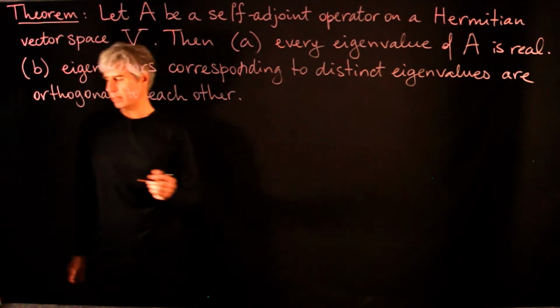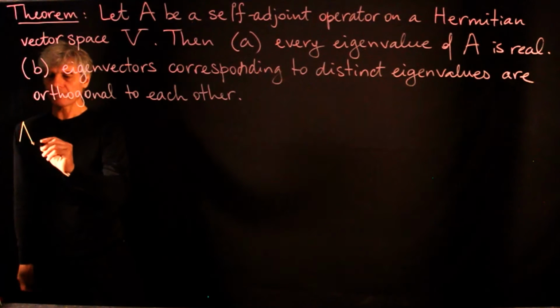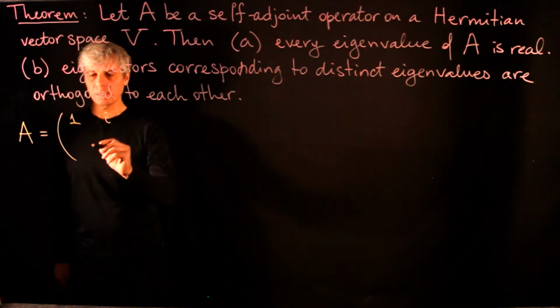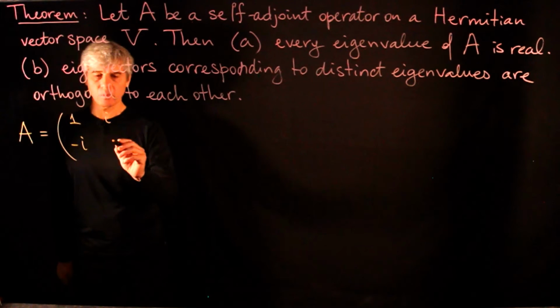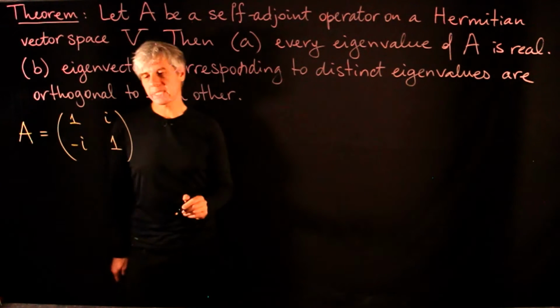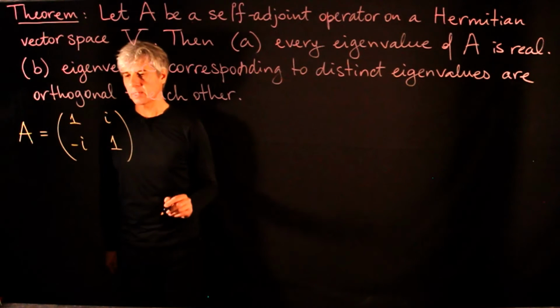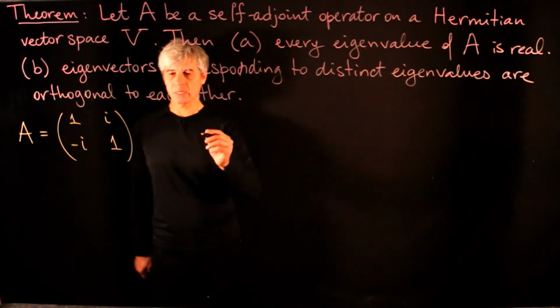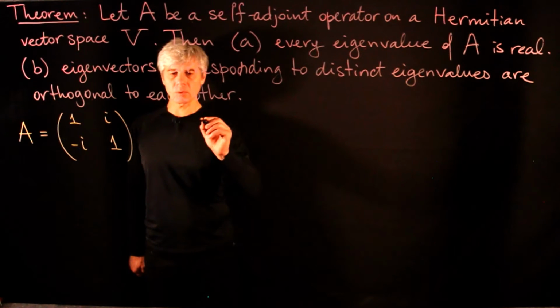Now let's look at a quick example. Suppose we have the following matrix: 1, i, minus i, 1. Let's see what the eigenvectors for this matrix are. They're easy to find.